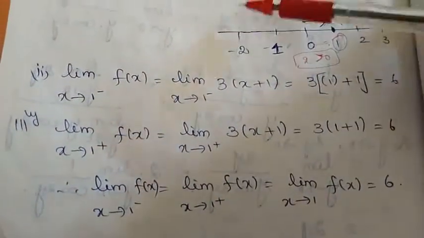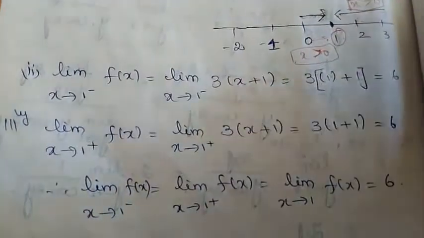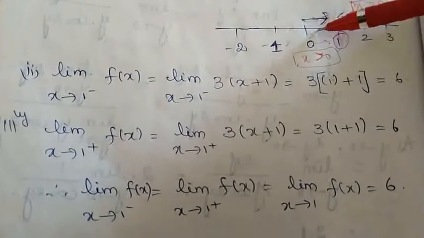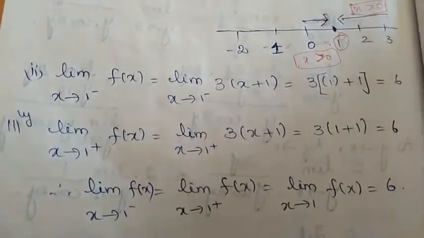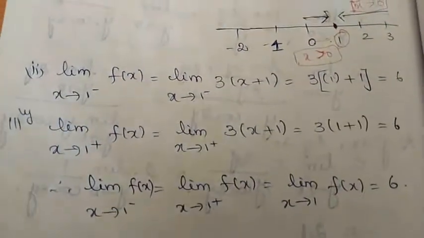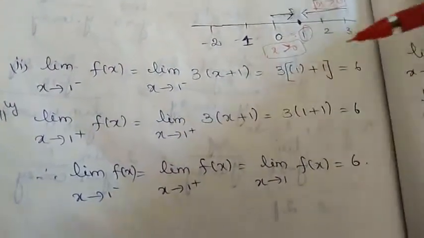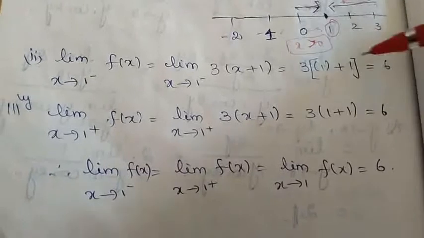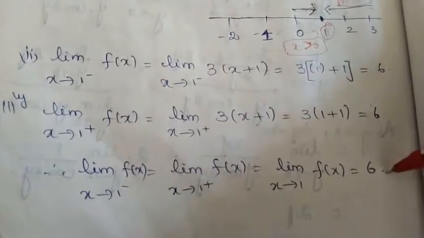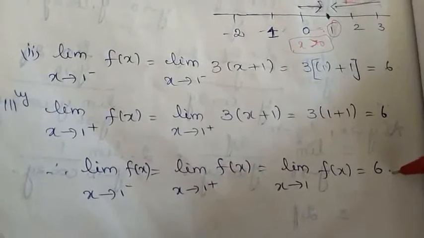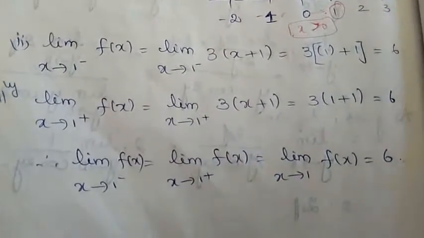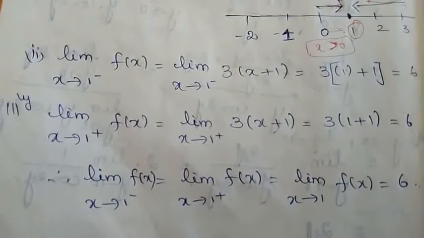We are not going to check from minus 10 and minus 11. No. We are going to check the values which are very close to 1 from the left hand side and very close to 1 from the right hand side. Both are going to be greater than 0. So the same definition and the values are also same. Therefore both the limits exist and hence the limit of the function will exist and it is equal to the same value 6. Right? Hope you recalled all these things.